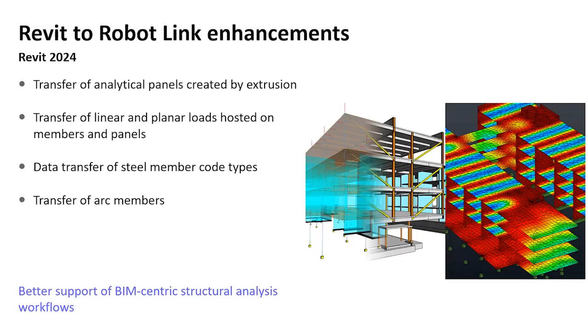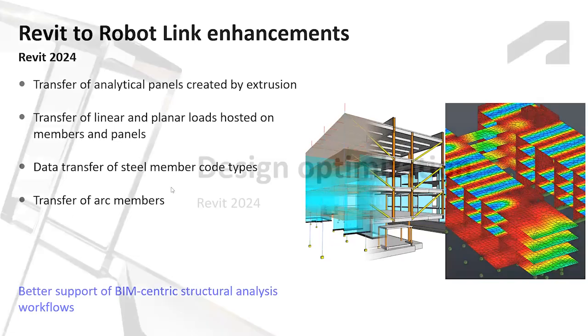Basically, it prevents the import of structural loads defined outside the host boundary. There are some benefits: simplified transfer, the unified load, improved transfer capabilities for panel properties, which differ in thickness of material, and enabling the transfer of analytical panels created by extrusion in Revit. So working in Robot is going to be easier, bottom line.